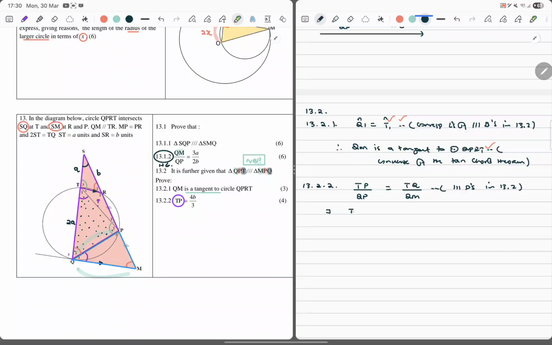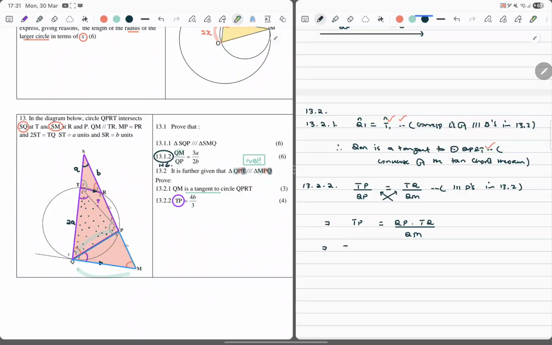So this implies that TP over, actually, let's make it easy. We just cross multiply and isolate TP. So this implies that TP is going to be QP times TQ all over QM. Okay. Now, what is TQ?